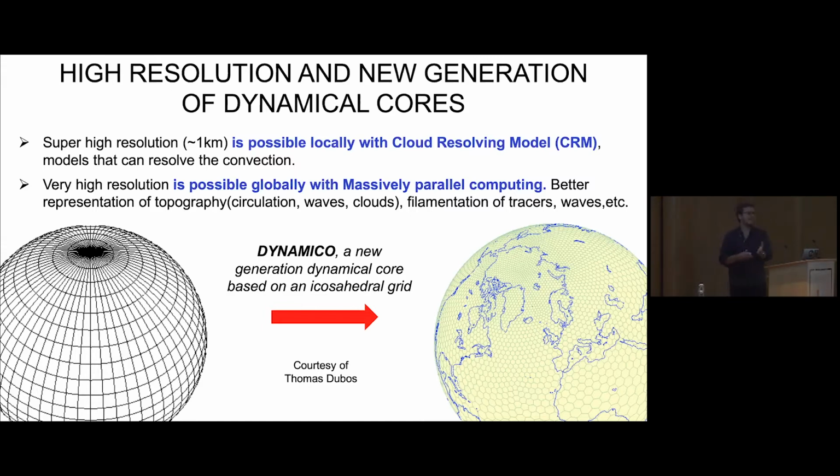If you use a large number of cores, you can parallelize your model, and so, given an infinite number of cores, you can potentially go to an extremely high resolution. And if you do that, you can start to better represent the effect, for example, of the topography on your planet, and things like waves and filamentation of tracers.